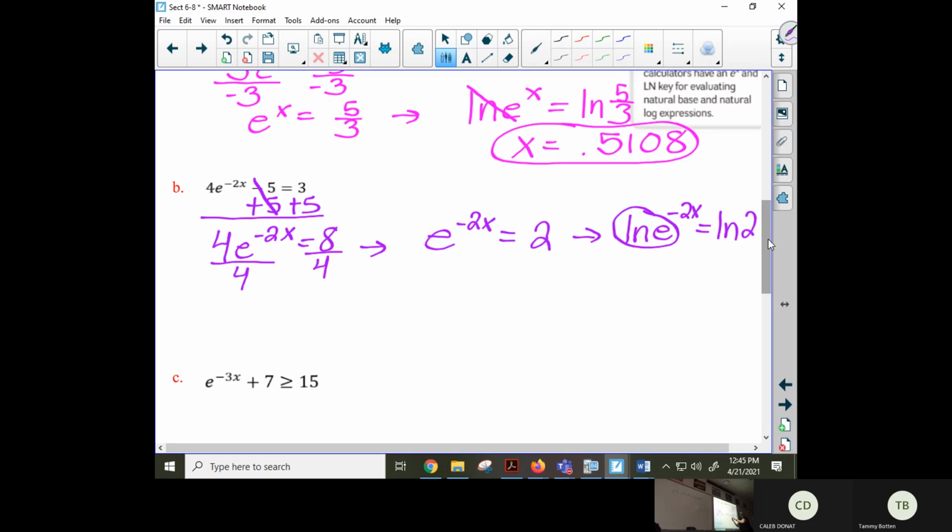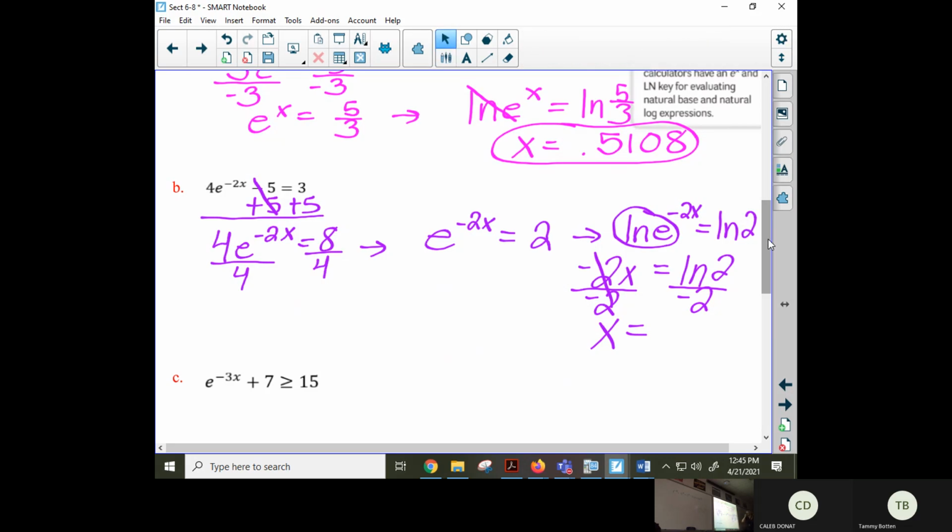It crosses out and I get negative 2x, that's this power, equals the natural log of 2. Now I want to solve for x, so I divide by negative 2, and x equals, and you have to be careful when you type this in. We can just go natural log 2, either hit enter or put a parenthesis, and then divide by negative 2.